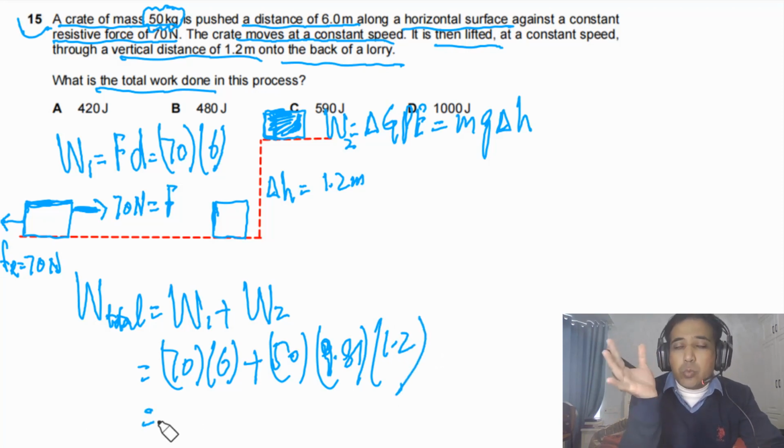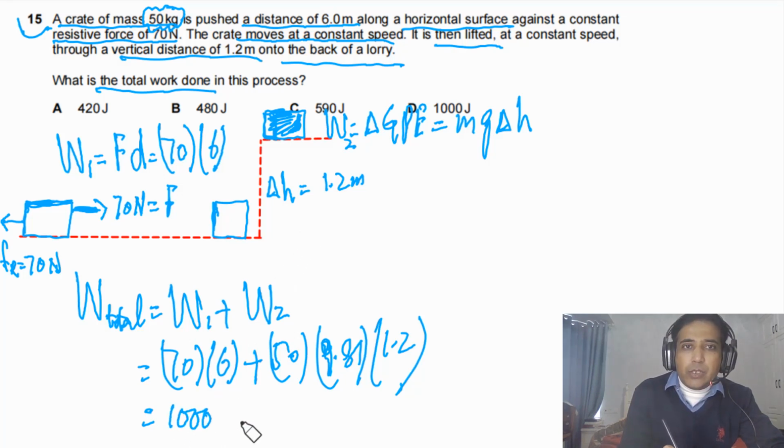This is the total work done by the person. If we solve this, our final answer will be about 1000 joules. So the answer for this question has to be D.